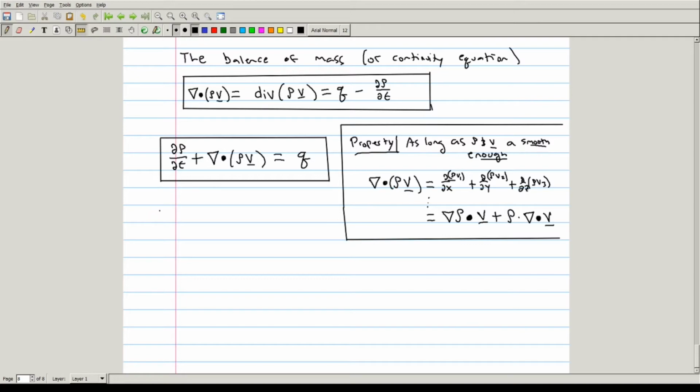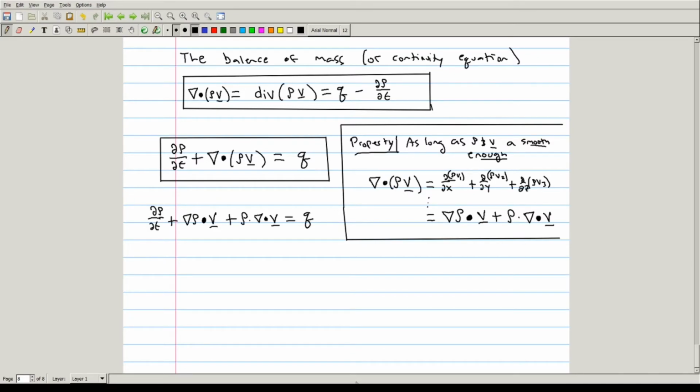Here is the rate of change of density with respect to time, plus now the gradient of rho dot product with v, plus rho times the divergence of v, is equal to q, which is the same as this expression right here.